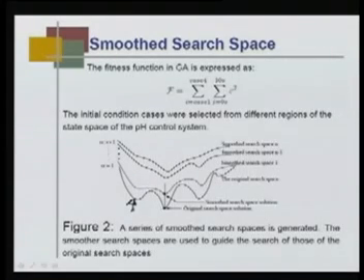So, this is the understanding of a search space.